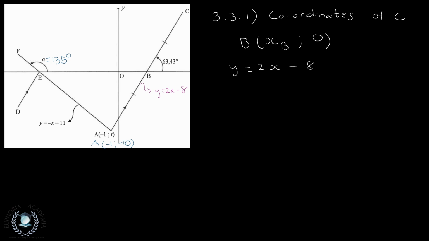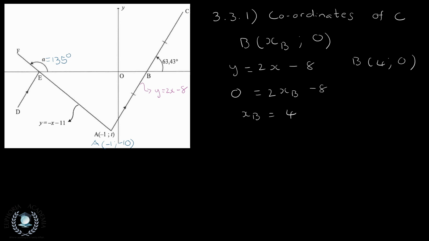Always try and fill in information as and when you go about. Substituting 0, that is going to be 2xb minus 8, and we will find that xb is equal to 4. So that means the coordinates of B are (4, 0).